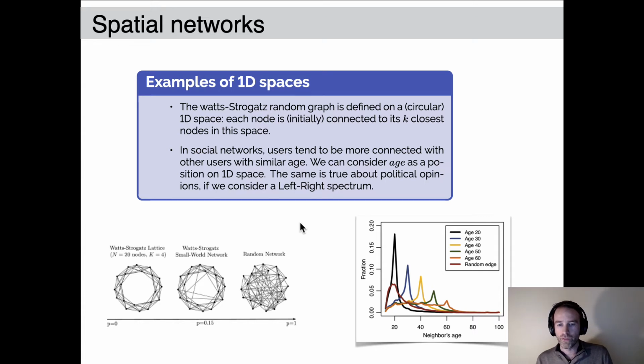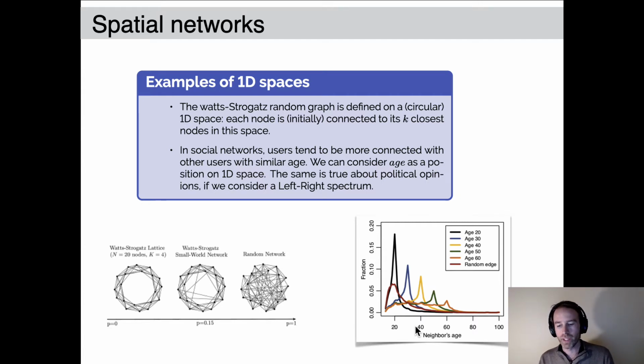Another example we have already talked about is Facebook. We have observed that the probability of being connected with someone actually depends on age. So individuals on Facebook tend to be connected with a higher probability with people of the same age.